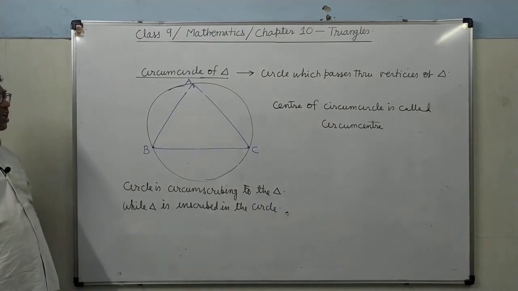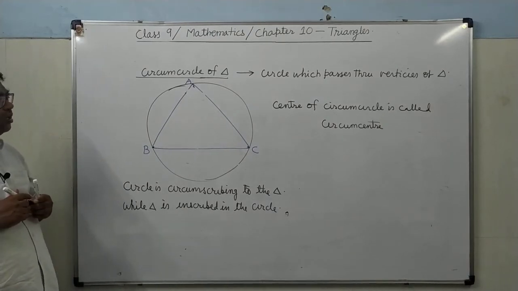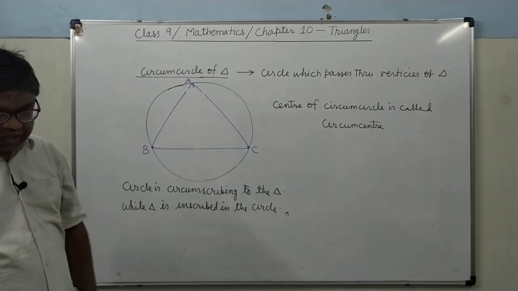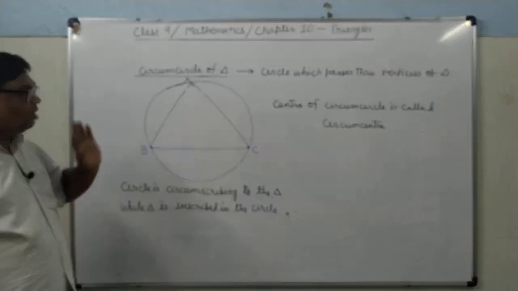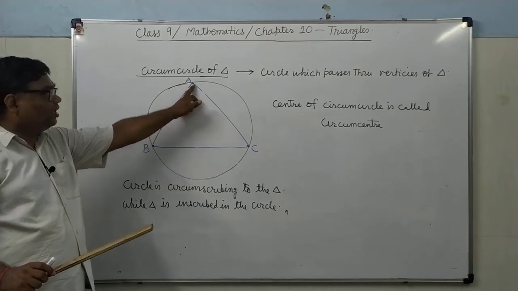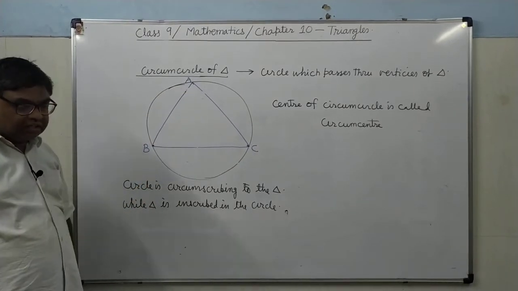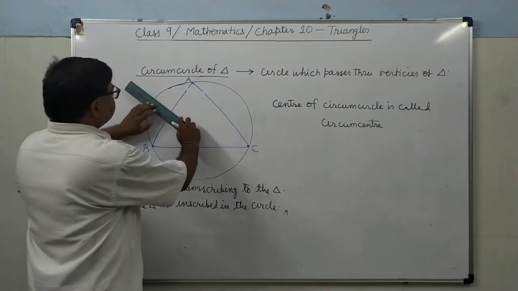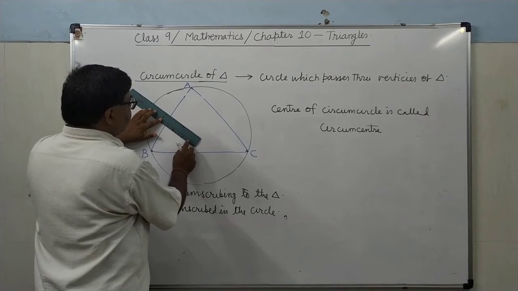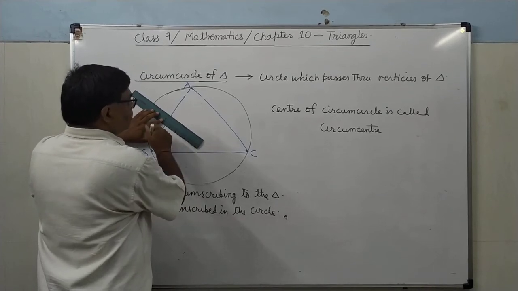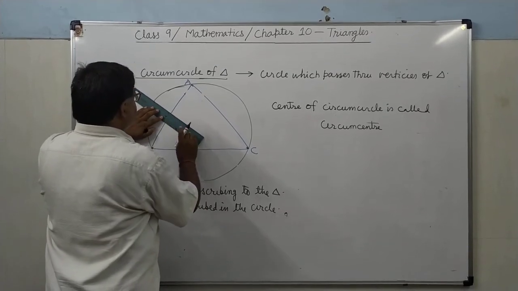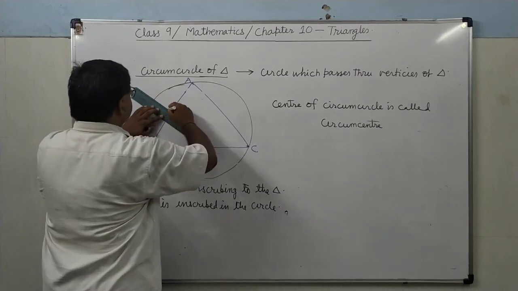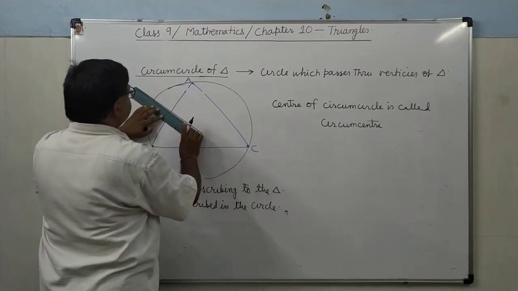So circumcenter will be the point where the right bisectors of the sides are meeting. It is not the angle bisector, which I was telling earlier, that was not correct. The correct thing is, it is the point where right bisectors of the sides are intersecting.